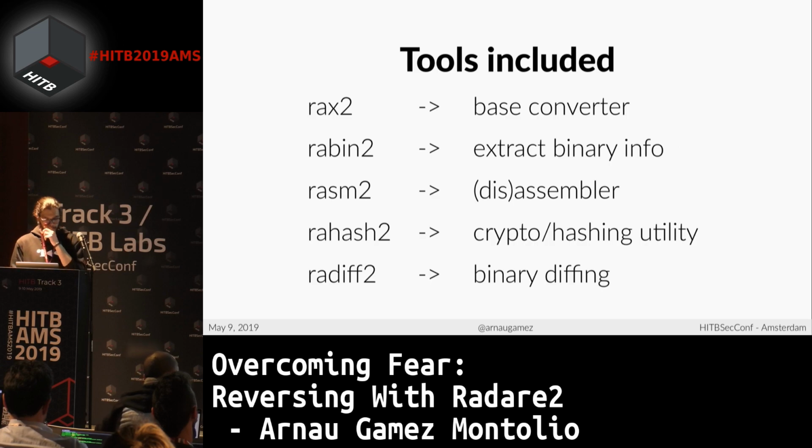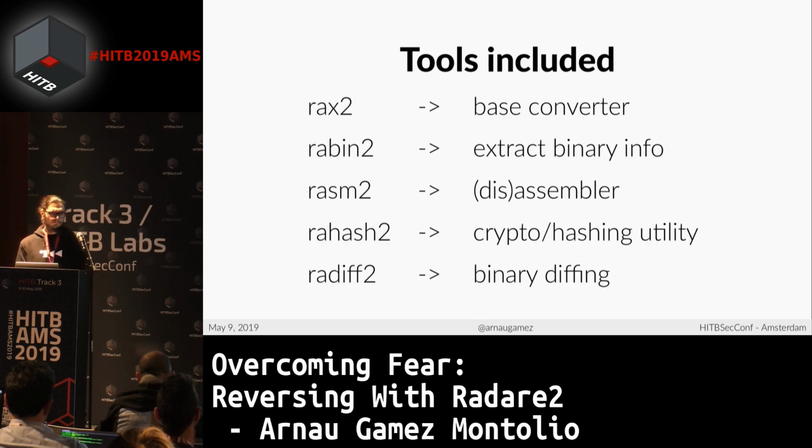There are a bunch of them. The first one is rax2, which is a base converter. It's a very basic base converter to make some operations, binary to hex to decimal. It's scriptable and really useful. rabin2 is the standalone binary for extracting binary information, which is also integrated into the Radare2 shell as well. rasm2 is the assembler and disassembler.